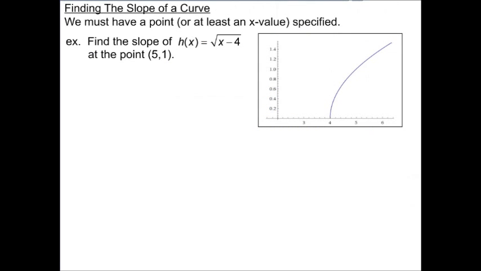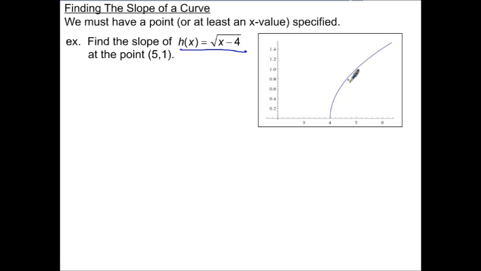Now that we've got a method for finding the slope of a function that's curvy, let's put that to work and see how it looks in action. One little thing we need is a point or at least an x value specified. Like what we said before, think of this curve, h of x equals root x minus 4, like an upside down Nike swoosh. Notice at the very beginning of this curve we have a very steep part, so our slope is going to be a very large number.